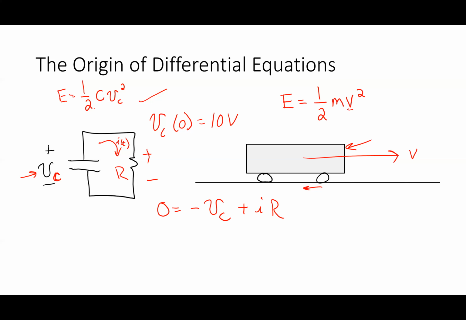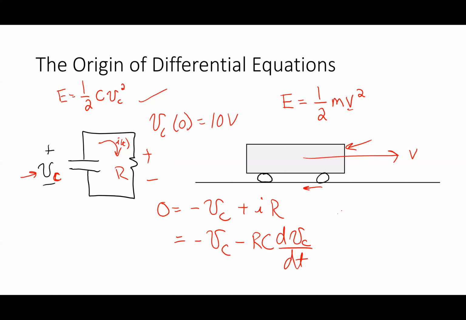And because that current flows out of the plus sign on the capacitor, this would be minus V sub C minus RC dVc dt. All right. And I put a negative current in there because the current's coming out of the plus sign, right?